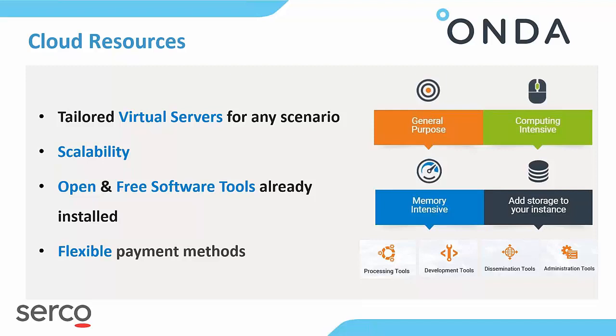And of course we also have pre-configured templates that you can find on our Onda website. So basically we have entry-level virtual machines, and also high performance virtual machines that you can use standalone, or you can organize in more complex systems.